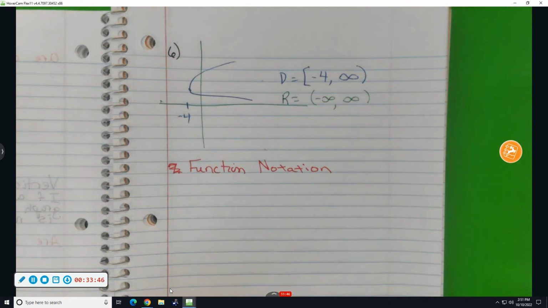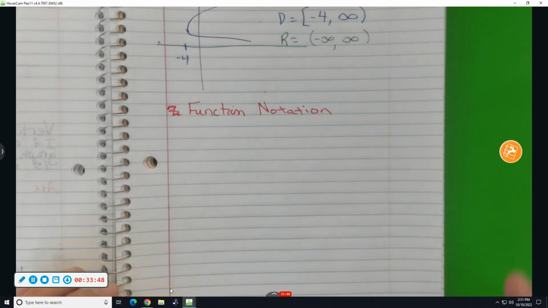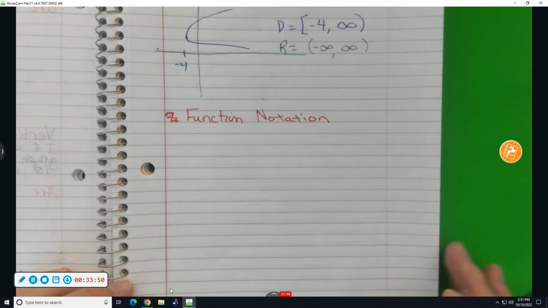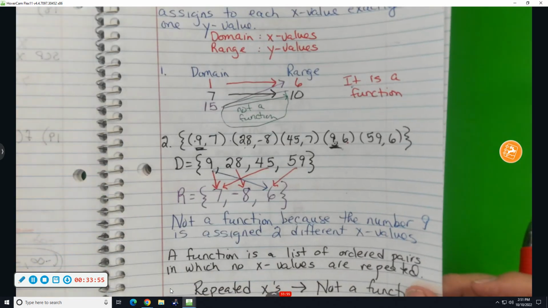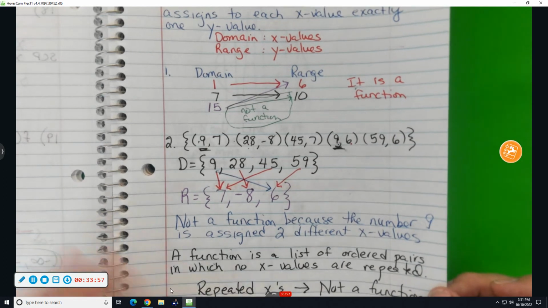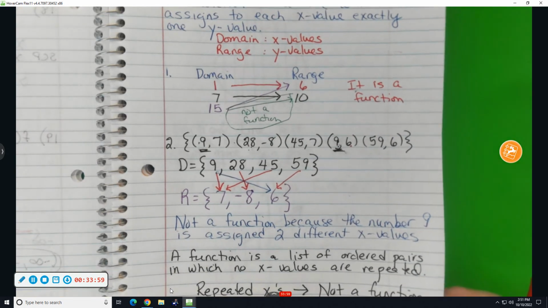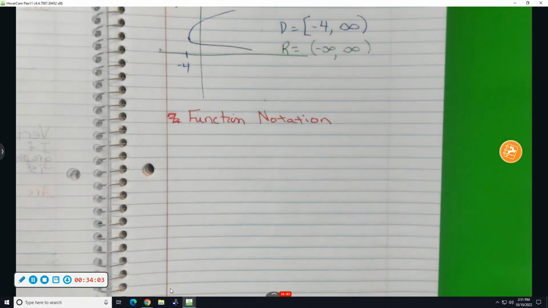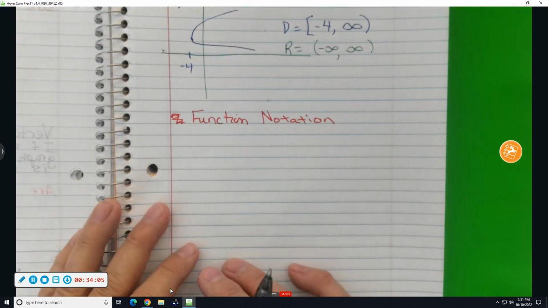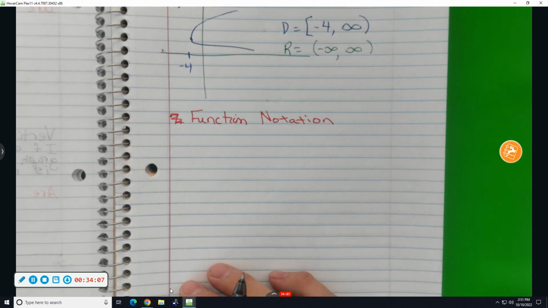There. Function notation. Okay, I'm going to look and see. I think I'm going to write a definition now.